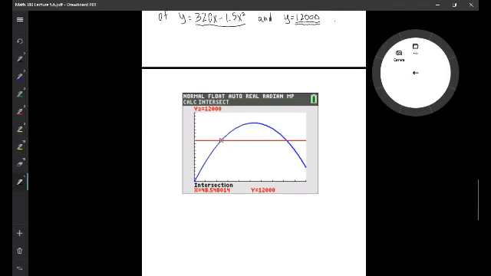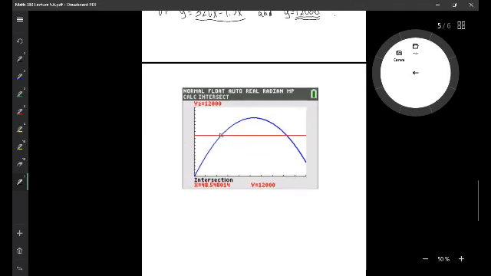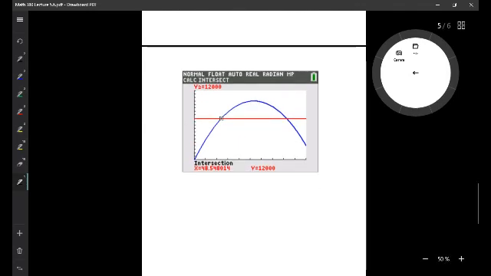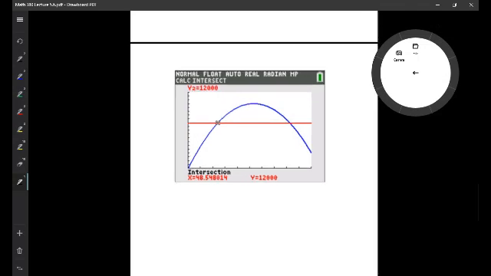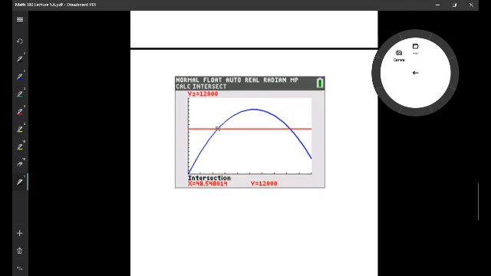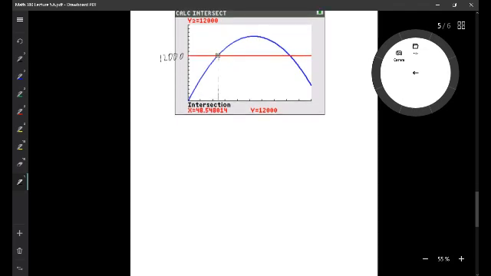All right, so right here we have 12,000. Then here we have 48.548014.